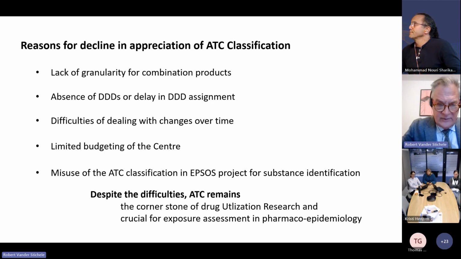And that has caused a lot of difficulties and de-appreciation of ATC, while in fact it was because the researchers and the civil servants used the ATC for a purpose that it was not intended for. And it's a bad craftsman who blames his tools. So despite the difficulties, ATC remains the cornerstone of drug utilization research and is crucial for the exposure assessment in pharmacoepidemiology.